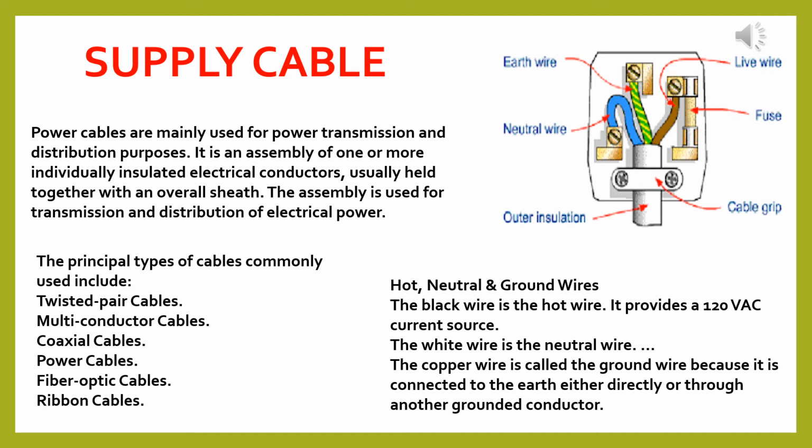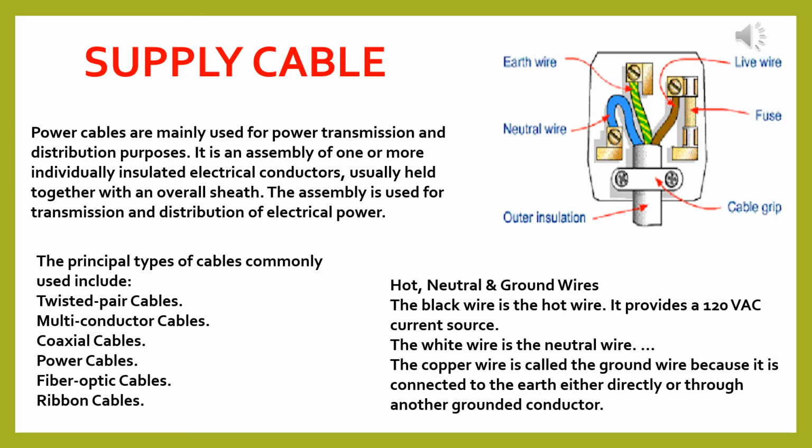Now first I am discussing the different components used in a domestic electrical circuit. First one is the supply cable or electric power. The supply of electric power from the power station to a house is done either by overhead wires on poles or through underground cables. The cable has three wires: live or phase wire, neutral wire, and earth wire.